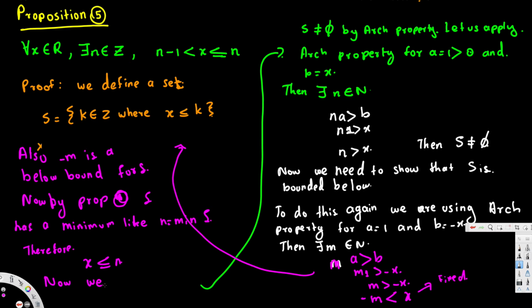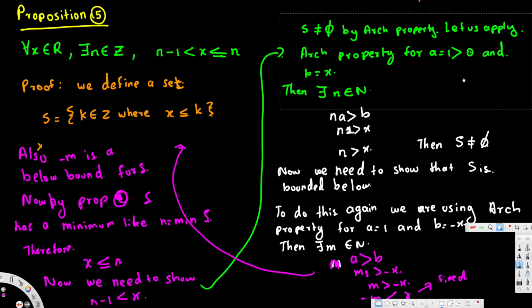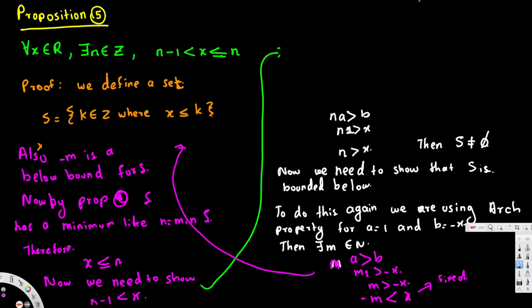Now we need to show n minus 1 is less than x. Okay, let's continue here. I use a different color. Here we argue by contradiction. Suppose x is less than or equal to n minus 1.